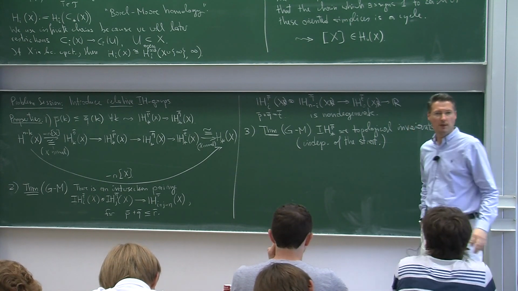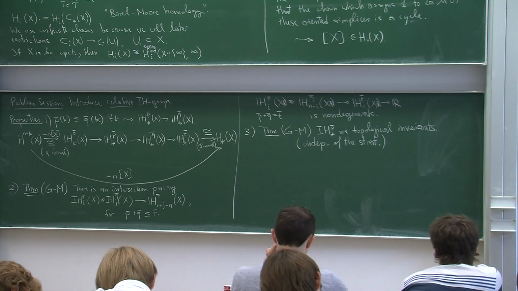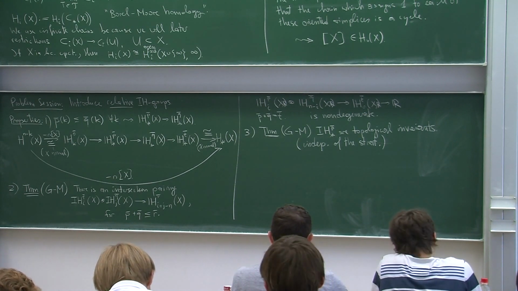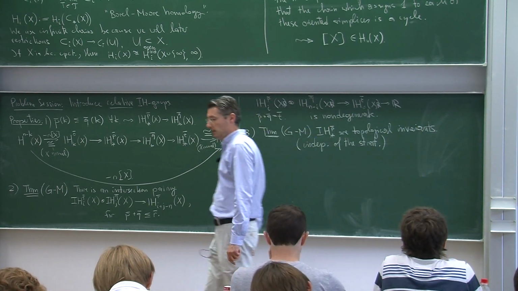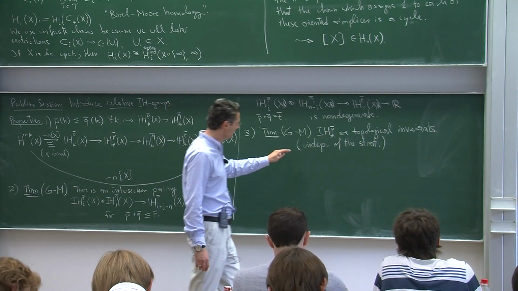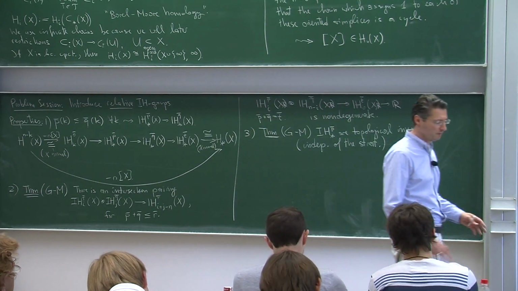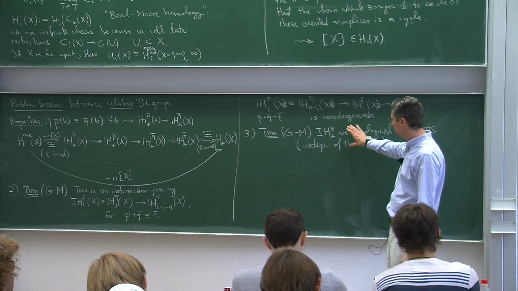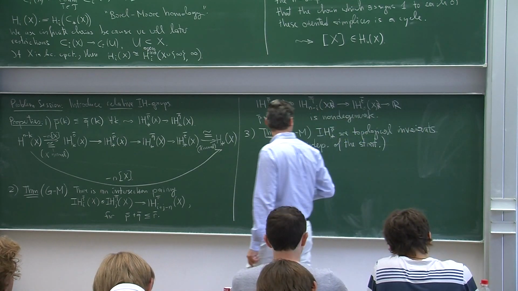Which is not at all apparent, right? Because the definition depends heavily on your choice of stratification. And then you take homology, and the homology groups themselves do not depend on how you stratify this. So the proof of this is not entirely easy. You have to sort of use intrinsic stratifications and so forth. But this I will not discuss further in my course.